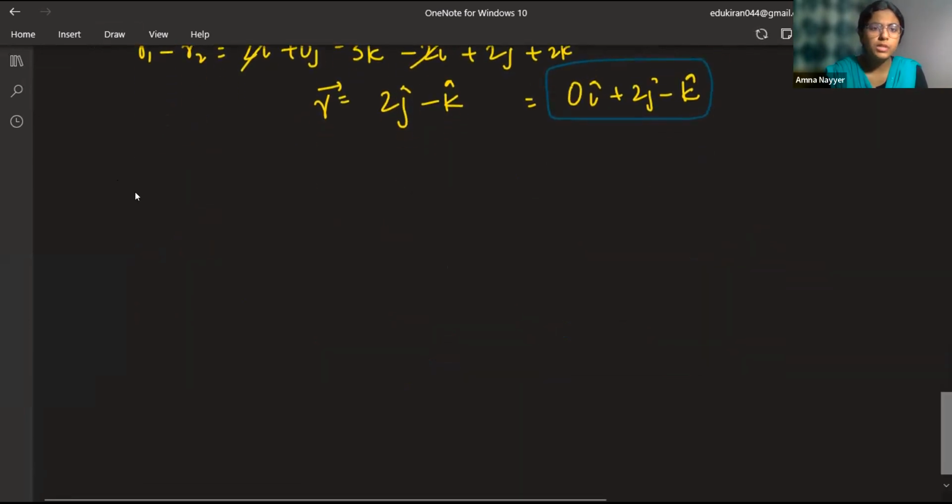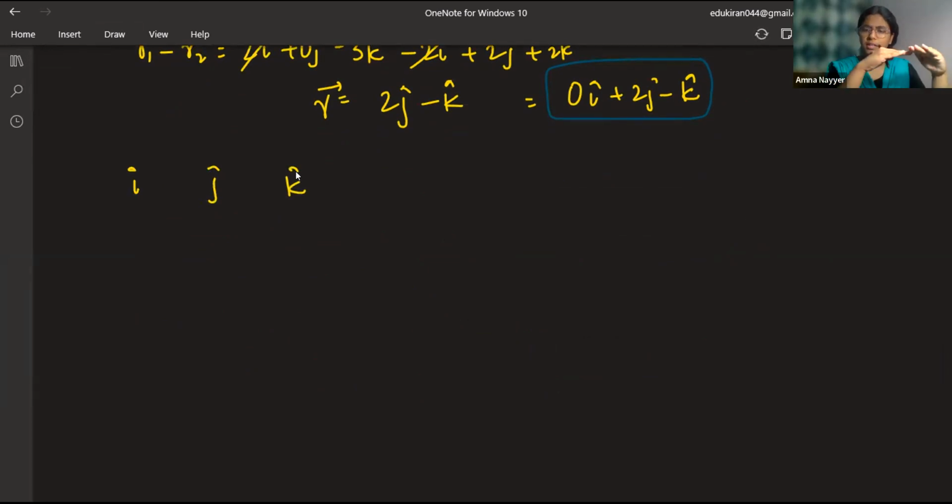Because put I cap, J cap, K cap. And whatever is given, put the columns accordingly. First vector will be the first vector. Since it is R cross F, we'll write the data about R first. R first. So I cap 0, J cap 2, K cap minus 1. Done.